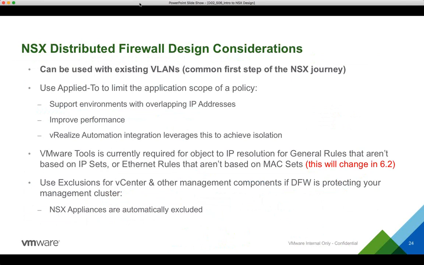So in terms of performance, if you're trying to get the most performance out, tune that applied to field as low as you can go. So say if you're doing a policy that involves any VMs on a logical switch, apply that policy just to that logical switch, or even just that couple of hosts that that VM might be on at any time.